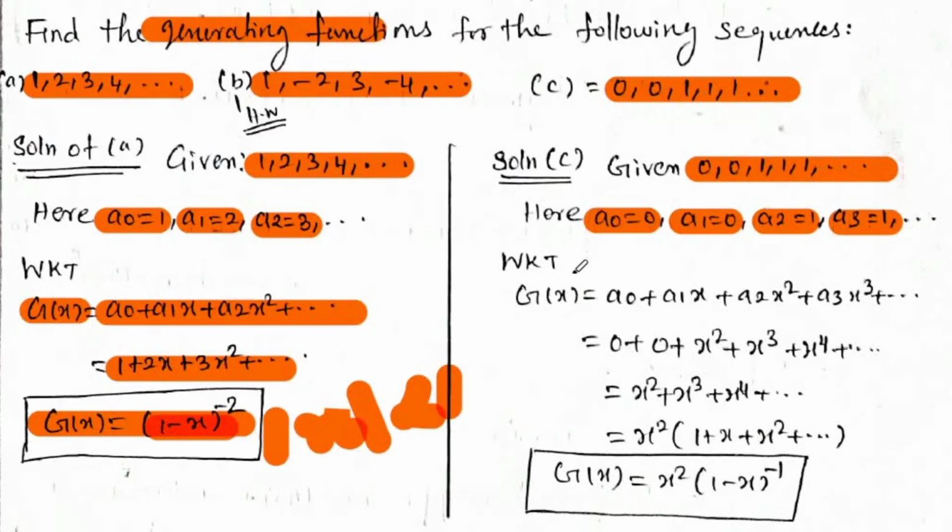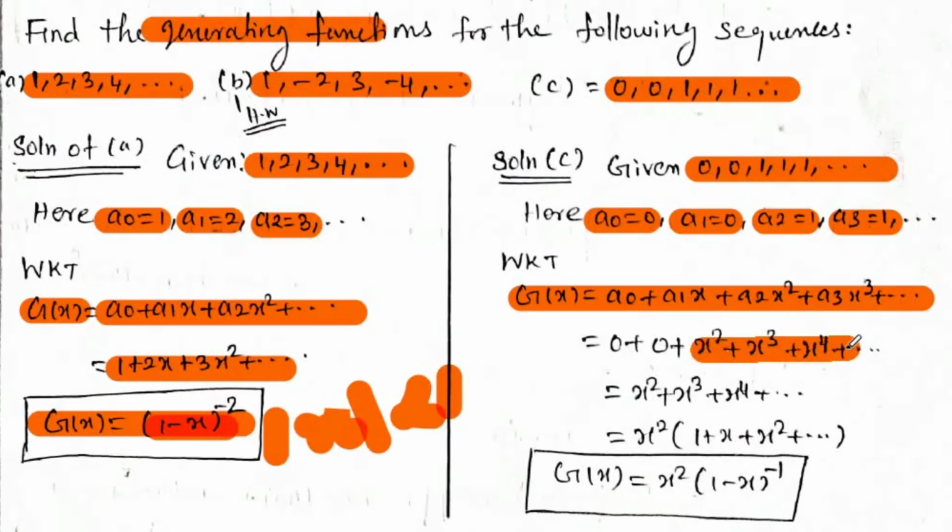We know that the generating function g of x equals a naught plus a1x plus a2x square plus a3x cube plus etc. Substituting the given values in this formula, we get 0 plus x square plus x cube plus x power 4 etc. x square is common, right? So we take x square out, and we get x square times (1 plus x plus x square plus etc.).